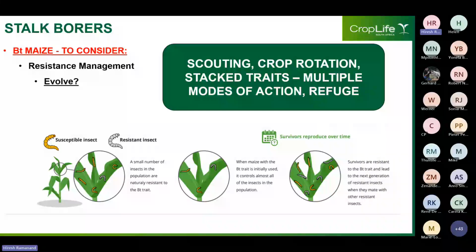These susceptible insects would be available in high enough numbers to breed with resistant insects that may emerge in the Bt crop field, ensuring that susceptibility is passed on to the offspring and thereby helping to prevent the emergence of resistant populations over time. Now, how should a refuge be planted?